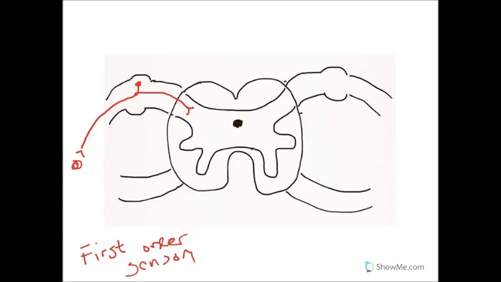Now, the other ones that we want to make sure we see are the second order neurons. This is an interneuron. An interneuron will synapse here and maybe cross over or travel upwards from here, but it is an interneuron. The second order neuron is an interneuron.